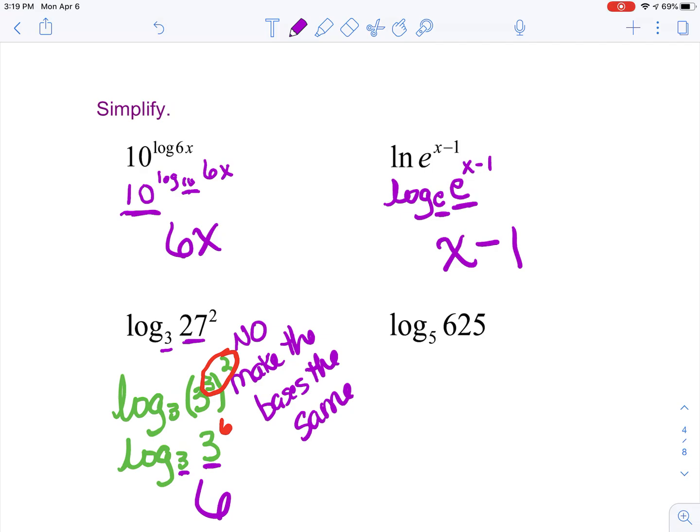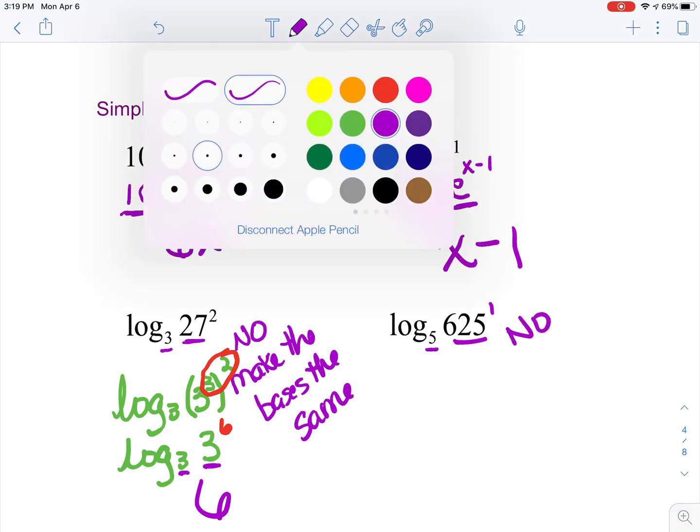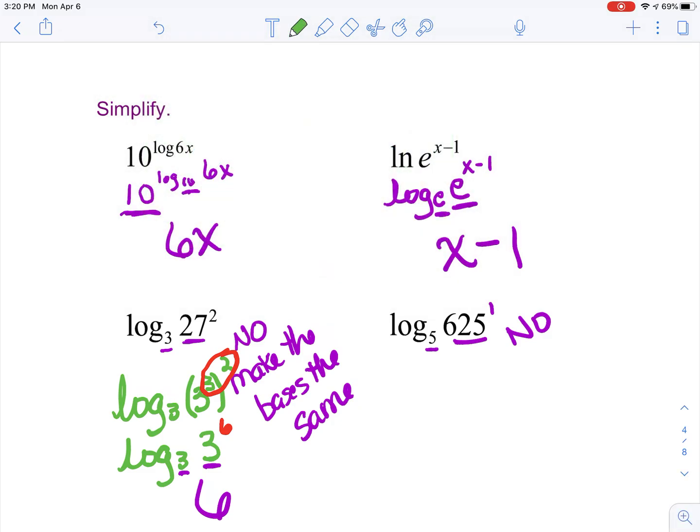Let's look at this next one. Are the bases the same? Well, this is 625 to the first. Are my bases the same? And your answer is no, so we make them the same. So log base 5 of 5 to what power is going to give us 625?